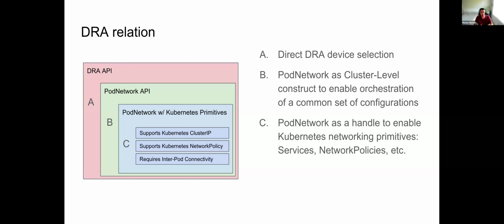If you're familiar with DRA, B can be done with device class. And that's a fair point, where device class can have the set of common parameters that can be put into it, then referencing the resource claim and be done with that, right?